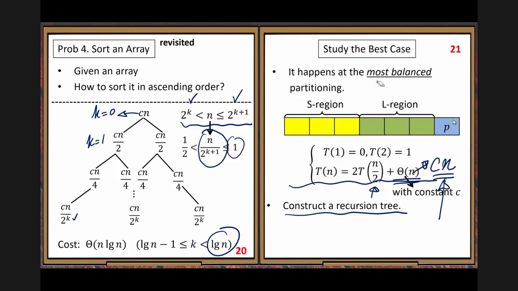So we compare the worst case and the average case. Which one will give you the largest difference?